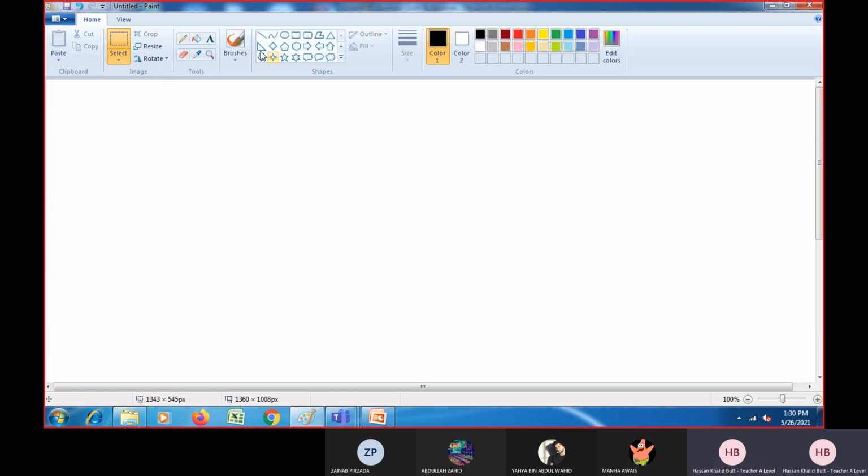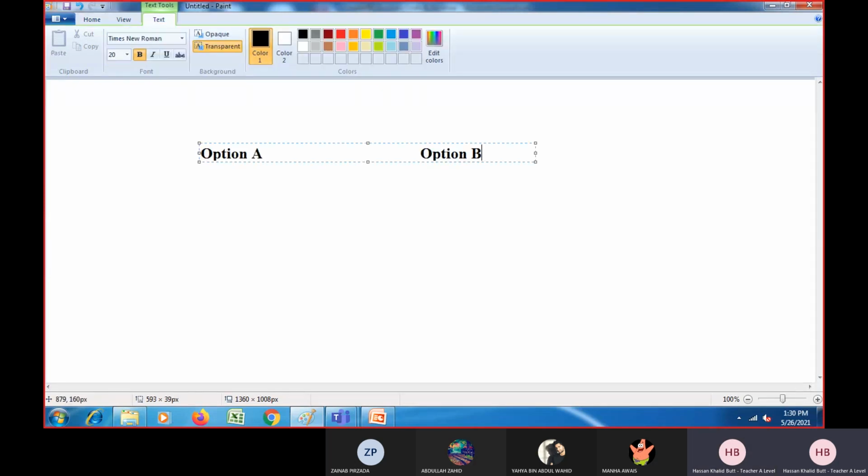Okay, so let's say you have option A and option B. The break-even at option A is, let's say, 4,000 units. That if you produce and sell 4,000 units, you will be able to achieve break-even level.